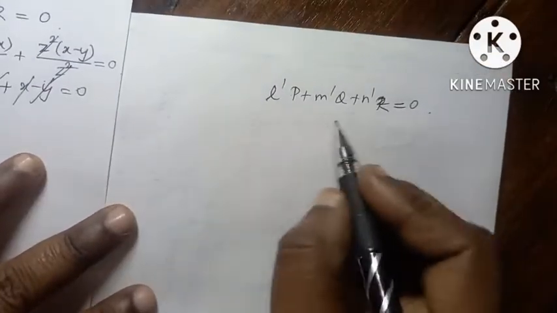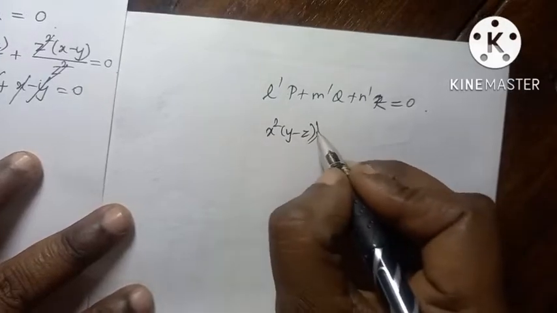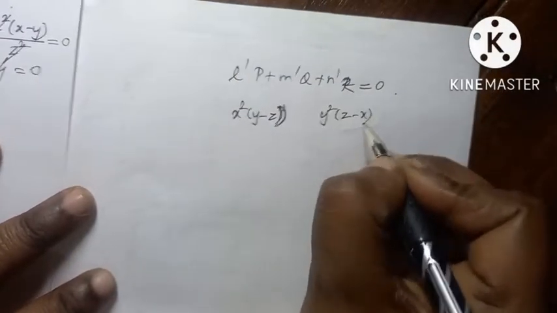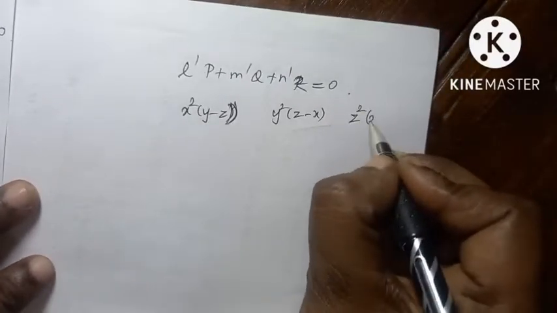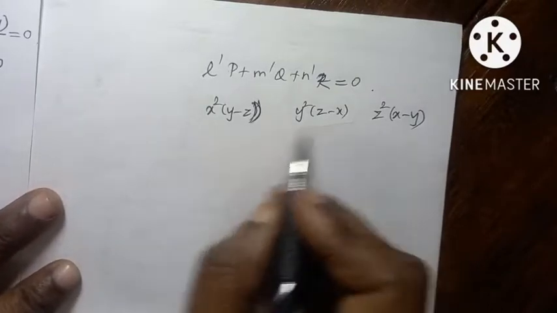Okay, let us see what P, Q, R are here: x square into y minus z, y square into z minus x, z square into x minus y.